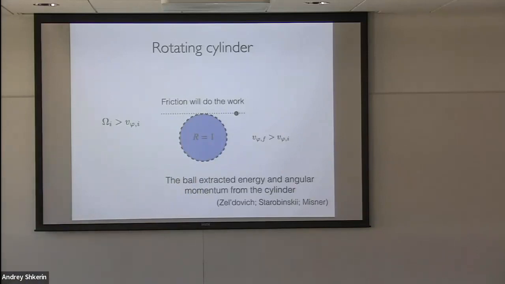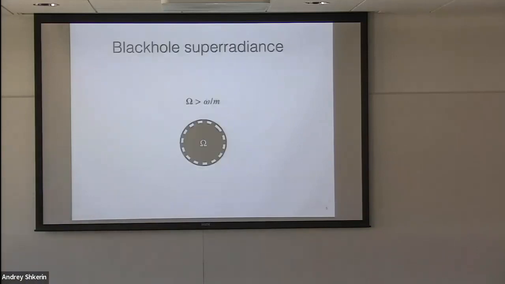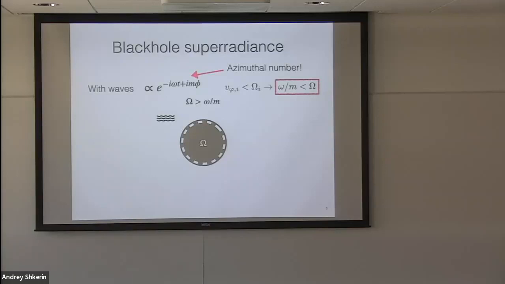Okay, so there is a direct black hole analog, which is known as the black hole superradiance process, where now if I send a wave onto a rotating black hole, then if the angular velocity of the black hole is larger than the angular speed of this wave, then this wave will bounce off the black hole and get amplified.